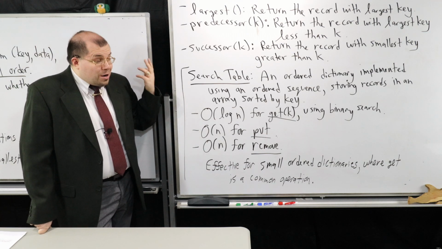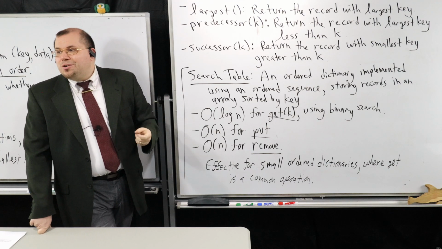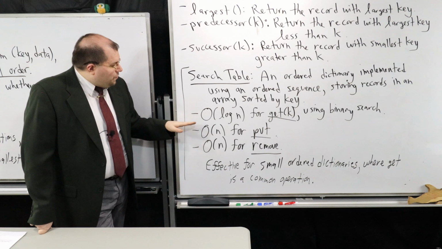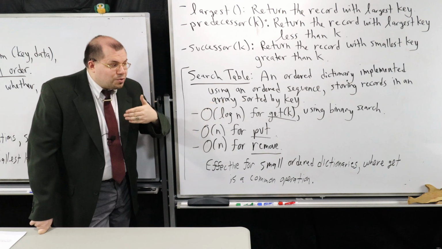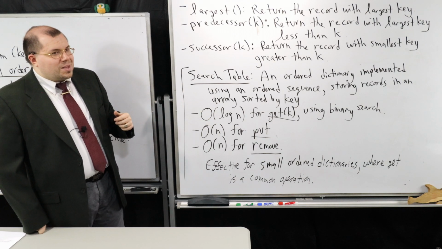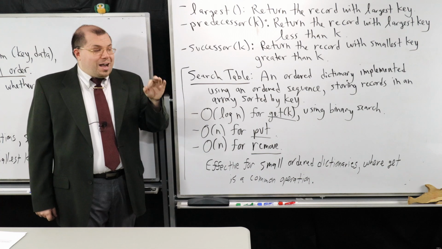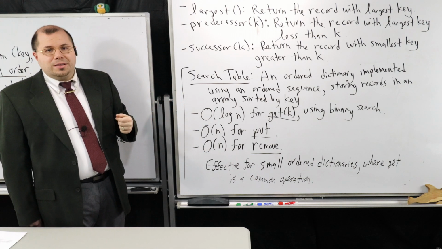I also encourage you to think about how you would achieve some of these other operations with a search table. For example, with get, I can use binary search because all of the records are sorted from smallest to largest in the array, right? I could just get the key's value and then perform binary search akin to what we talked about earlier on in the course, right?